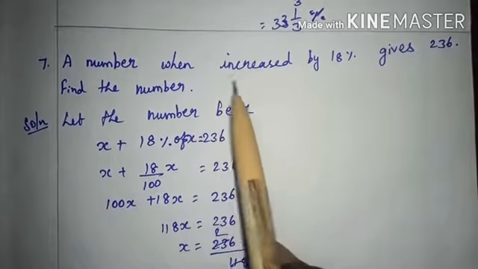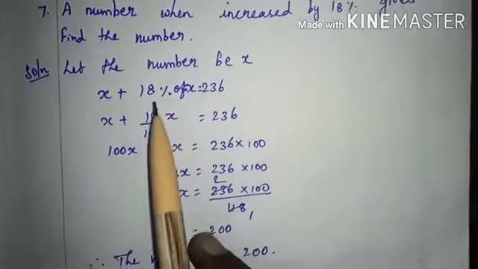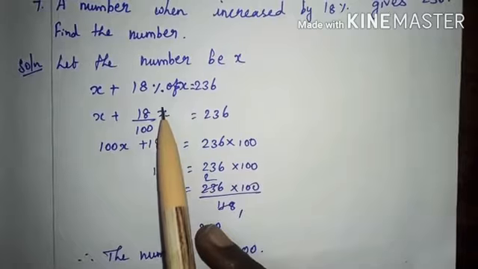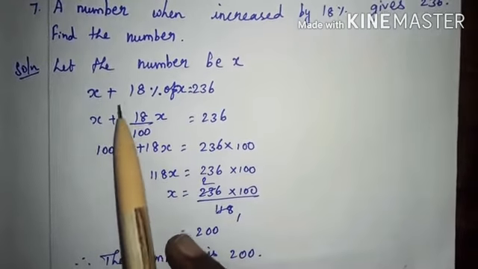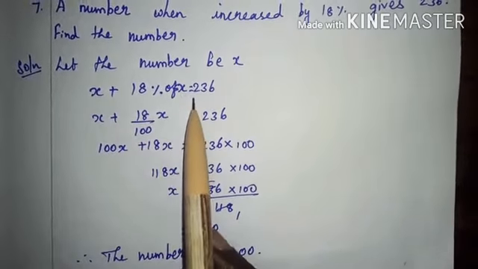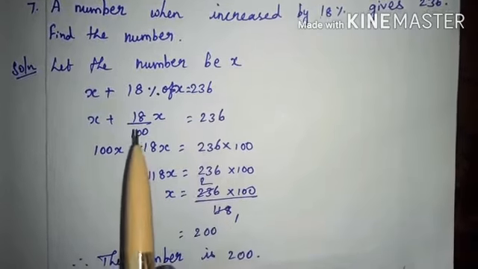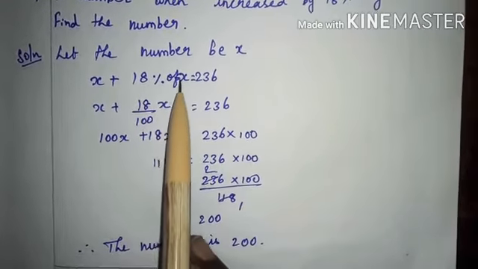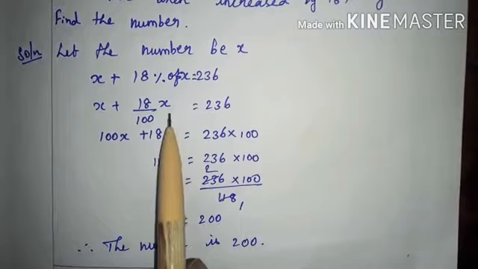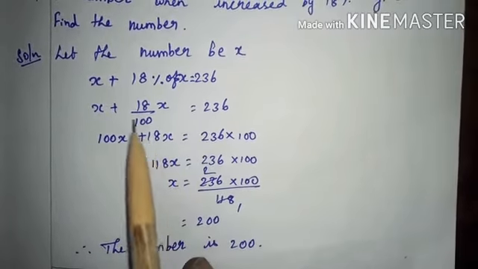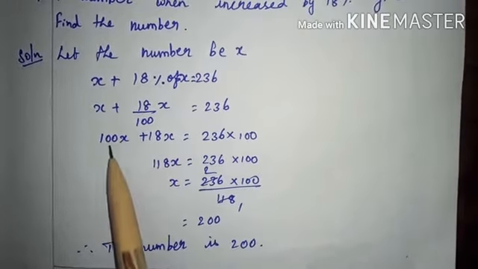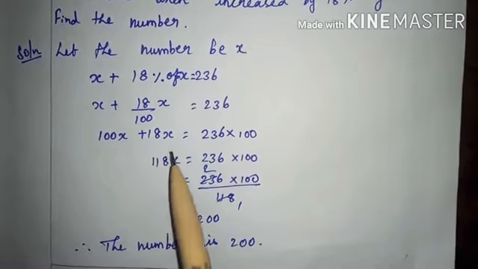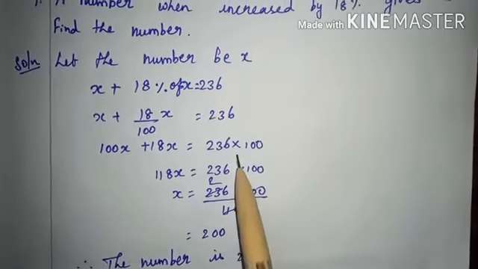In this sum, they have given increased, so we are going to add the number and 18% of the number. That is x plus 18% of x is equal to 236. 18% of x can be written as 18 by 100 into x. Then after taking the LCM, we get 100x plus 18x equal to 236 into 100.